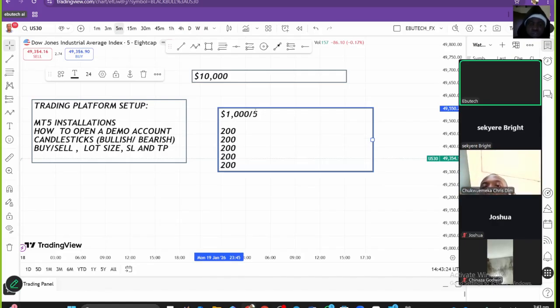So now we are going to be risking 200 per trade. Are you guys following? Anytime we are trading, we are going to be risking 200 per trade.